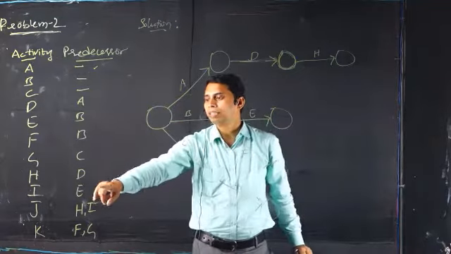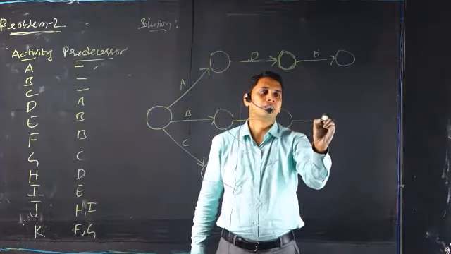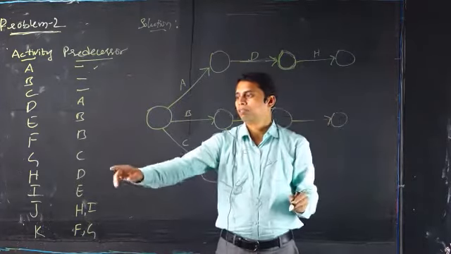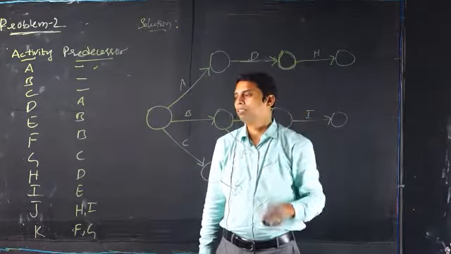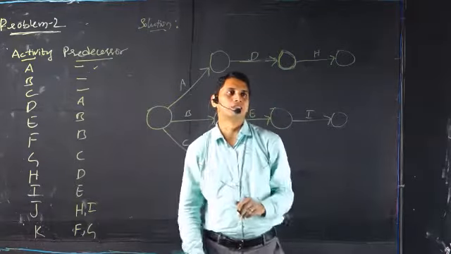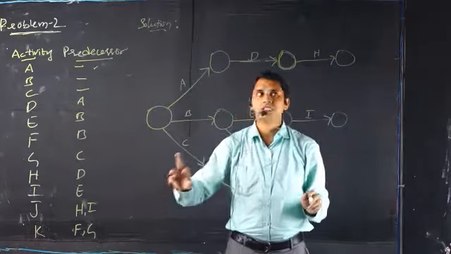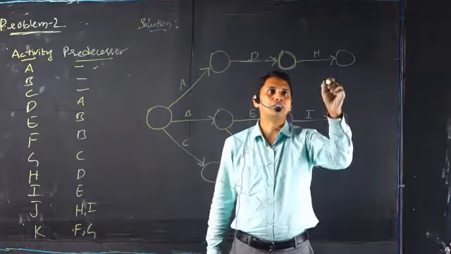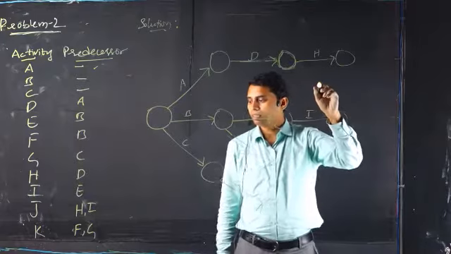And then for I, E is the predecessor. For writing I, what is the predecessor? E is the predecessor. Next, for J, H and I are the predecessors. Now let's think about it. For writing J, H and I must be joined together.